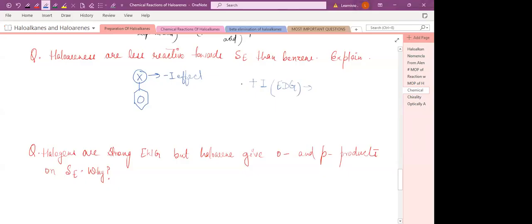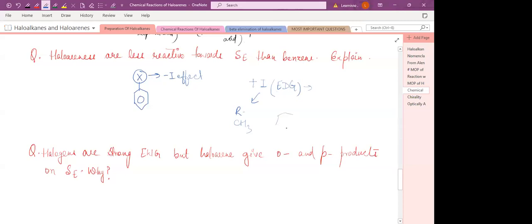The group which shows the plus I effect is, for example, your alkyl group, like your R group, like methyl CH3. Any negatively charged group also exhibits this plus I effect, positive inductive effect. So positive inductive effect is due to the electron donating group.